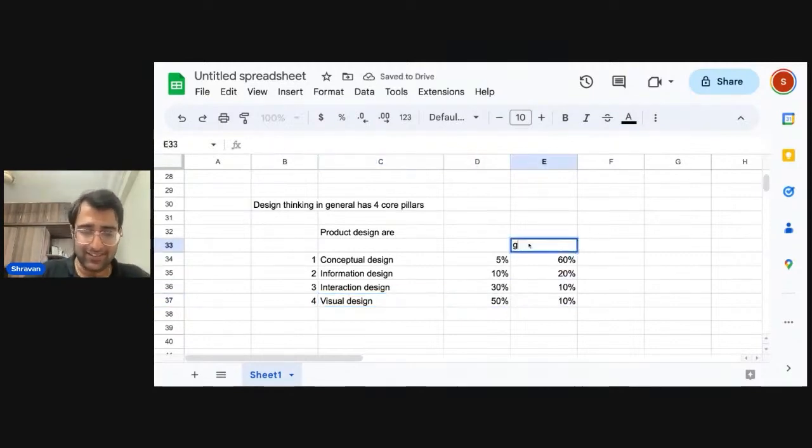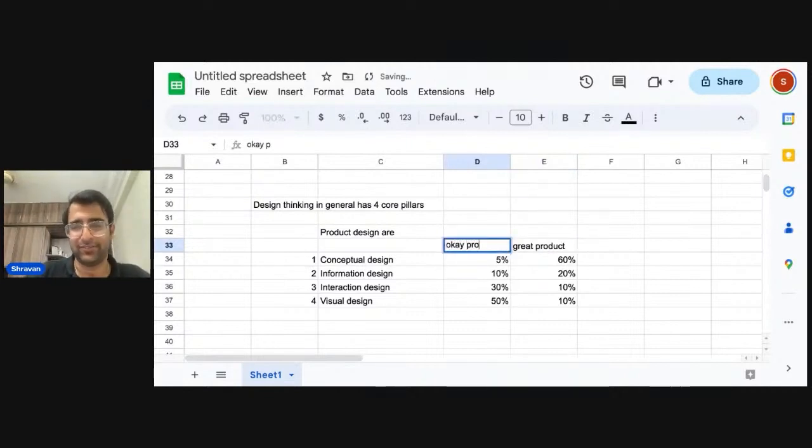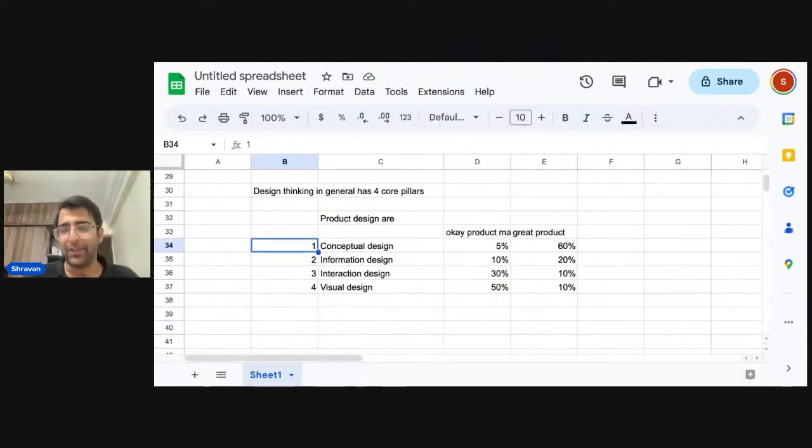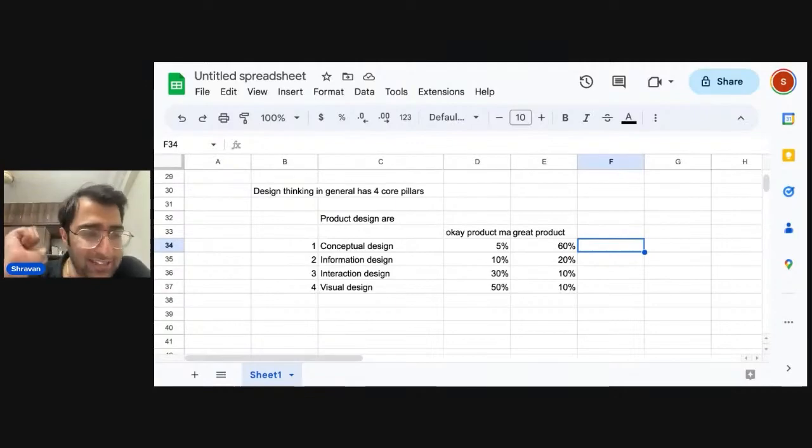This is a great product. This is an okay product. Maybe works, maybe doesn't. Now, what do you mean by these things? Okay, so let me ask you a question. What is conceptual design?